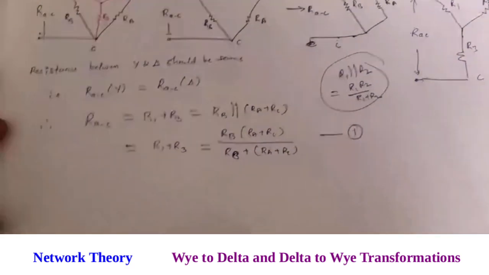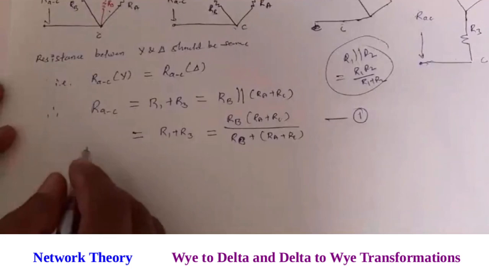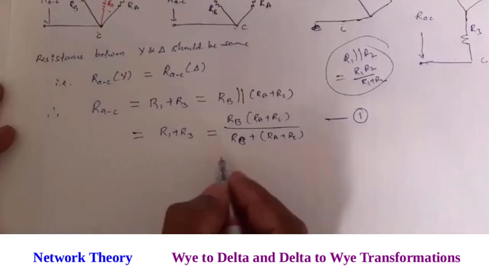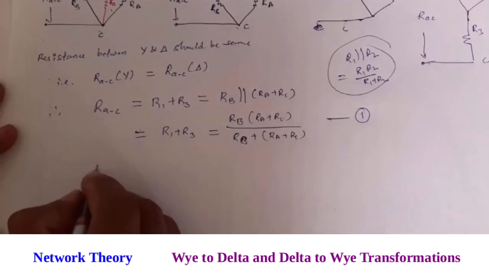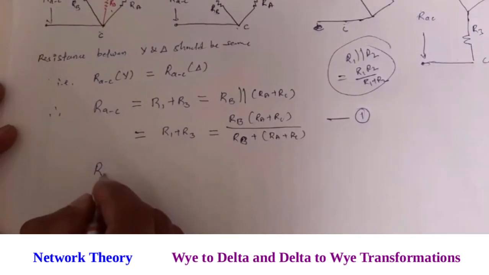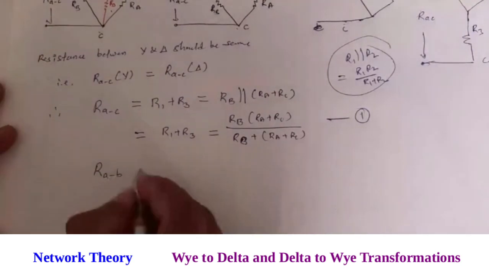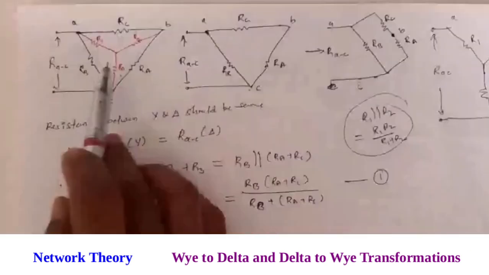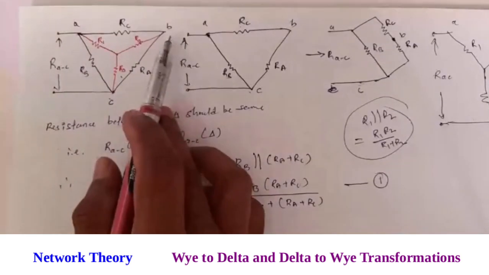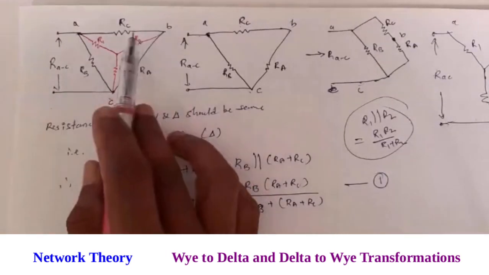Similarly, using the same approach, I'm going to find RAB and RBC. Let me find RAB, which is the resistance between these 2 points, A and B. How do we write, dear students?